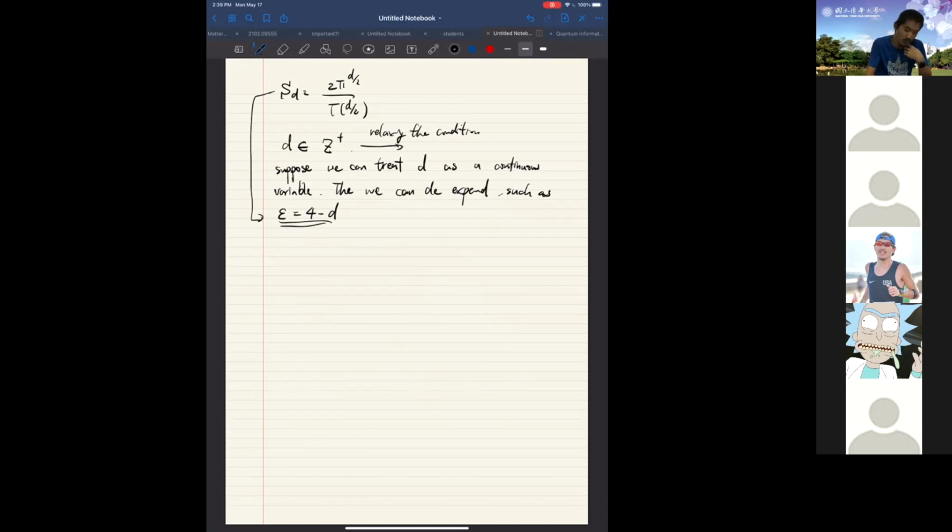What does the physics change? This is a typical example where we don't know how to solve the problem exactly, but we can do some extrapolation from what we don't know. For example, we can solve some systems in 3 dimensions, 2 dimensions, 1 dimension, but we cannot solve in 4 dimensions.